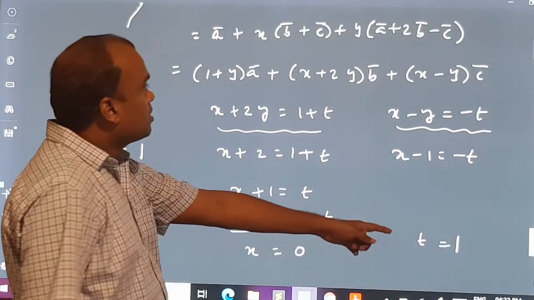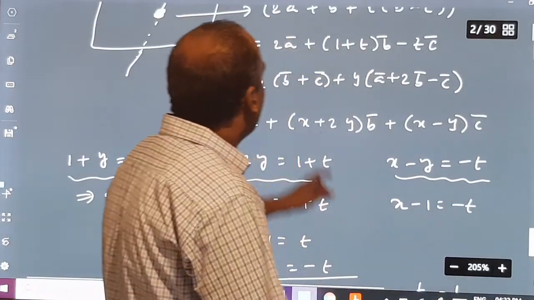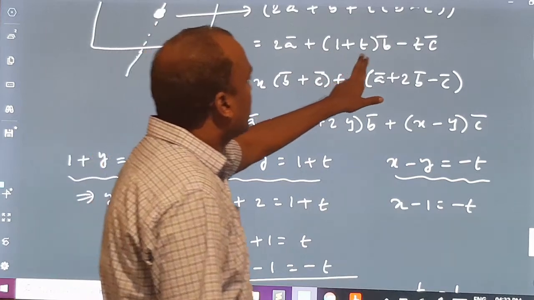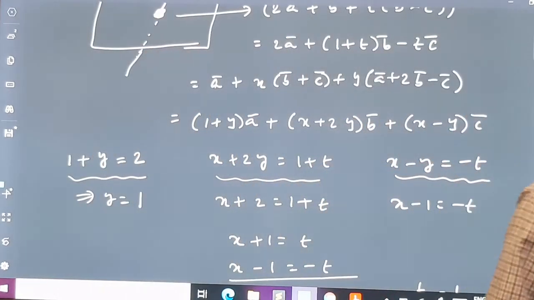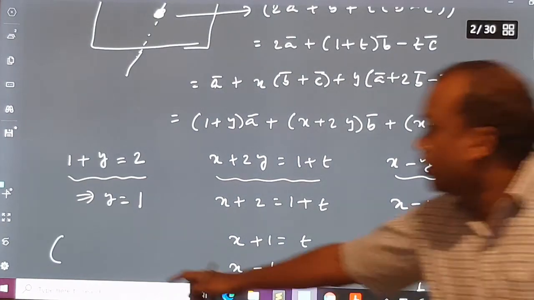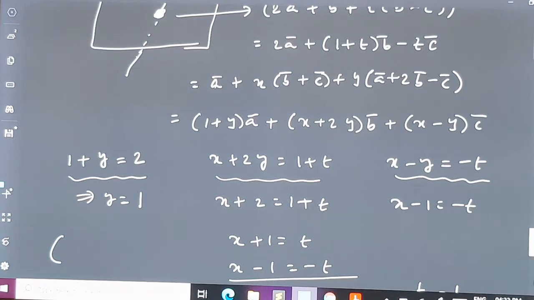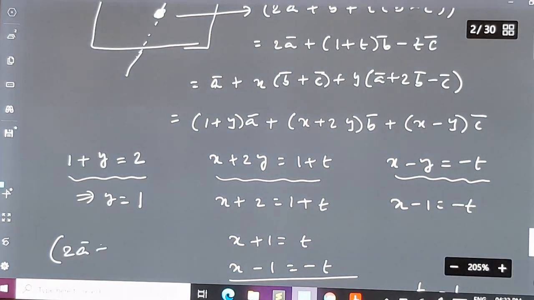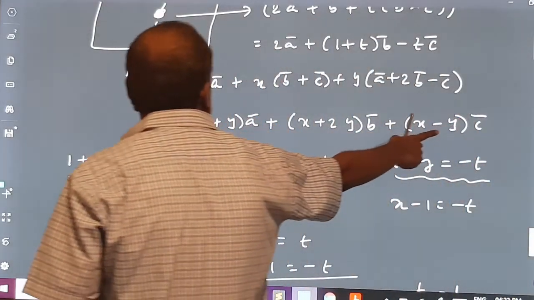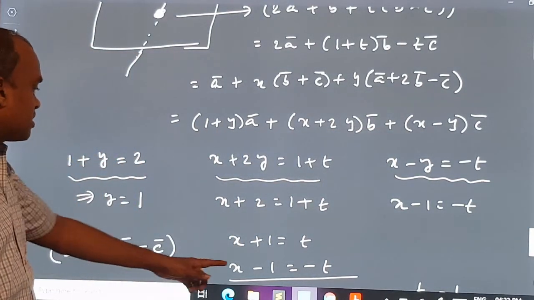And now you got your point of intersection. You simply substitute that t value, t is equal to 1. If you put t equal to 1 over here, you get the point of intersection as 2a bar plus 2b bar minus c bar. You should get the same value even if you substitute in this place those values of x and y.